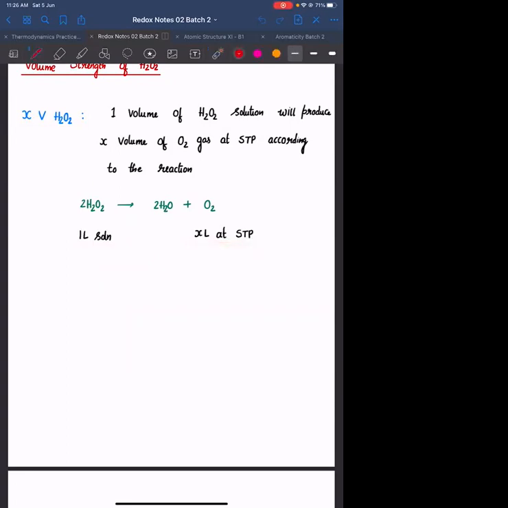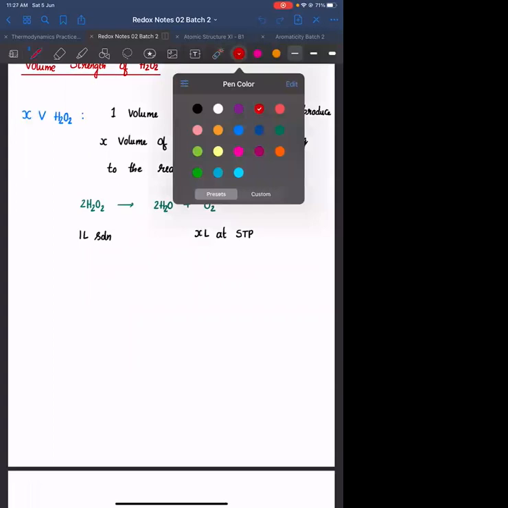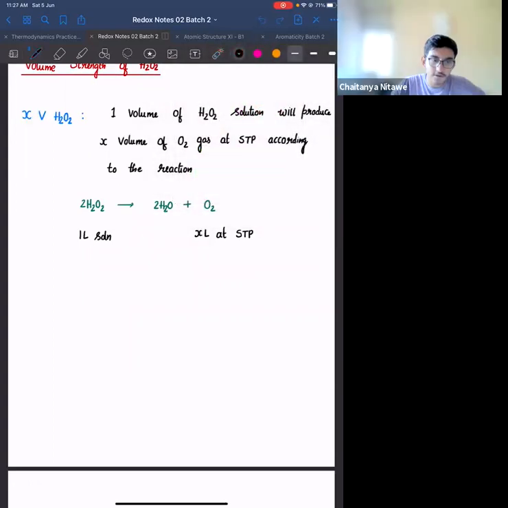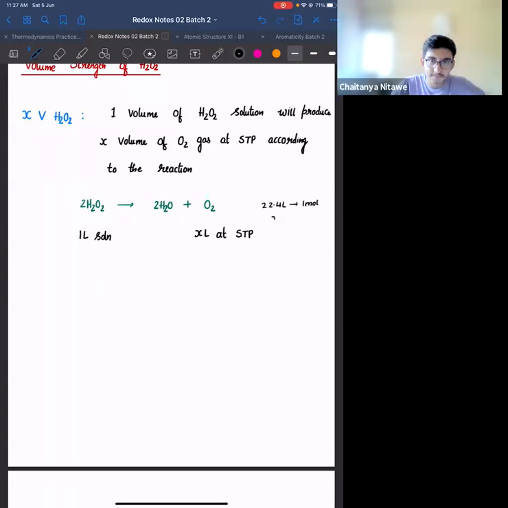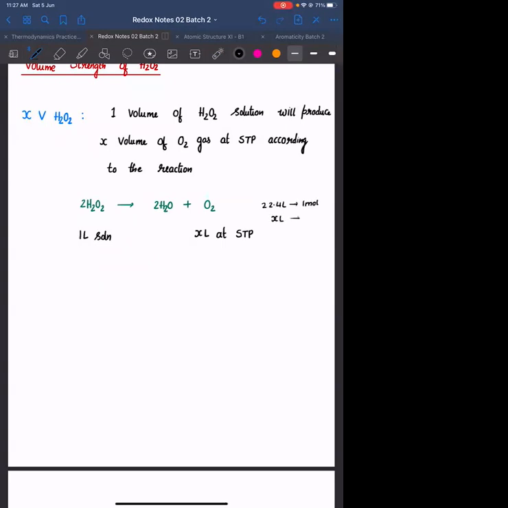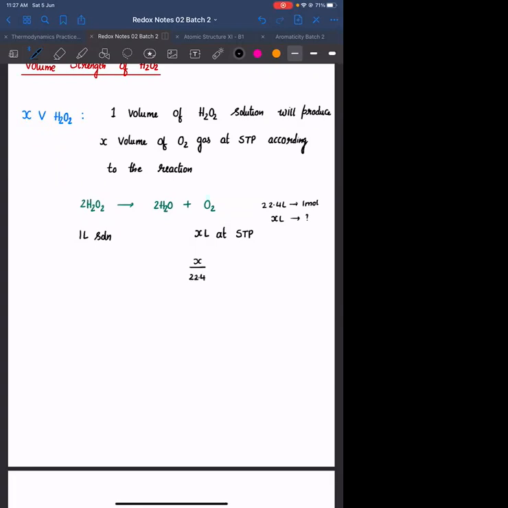Can you tell me the moles of O2? What are the moles of O2 here? We know that 22.4 liters is nothing but 1 mole. So if you are having X liters, it will constitute to how many moles? X upon 22.4 mole of O2.